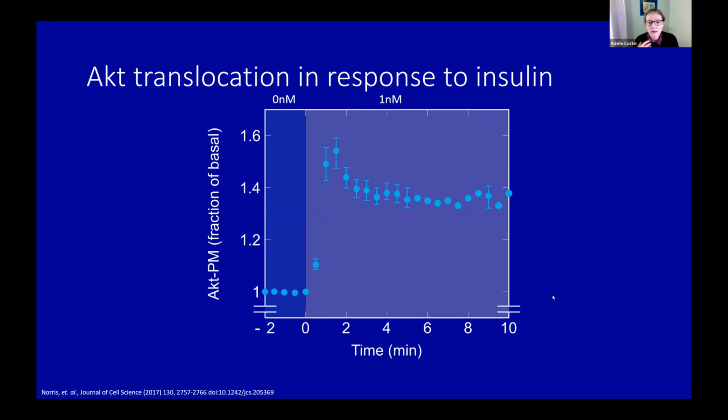Now, if I want to try and understand this process, because clearly being in the right place, this underside of the membrane, means that this AKT can be phosphorylated, then I need to think, what sort of things do I need to invoke to describe what's going on? So if I look at this system, I can see that it starts at a particular level, it increases rapidly, overshoots and comes back down.